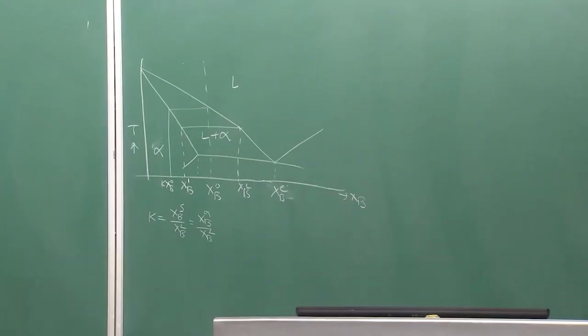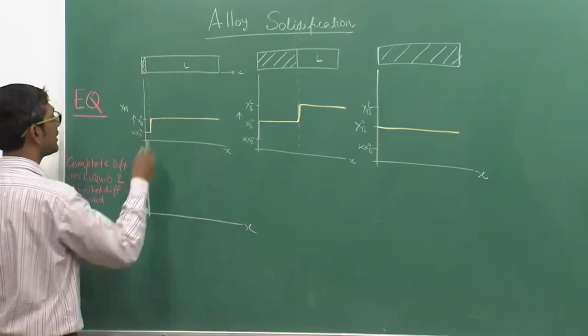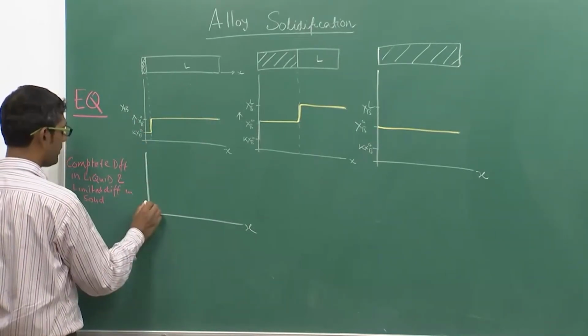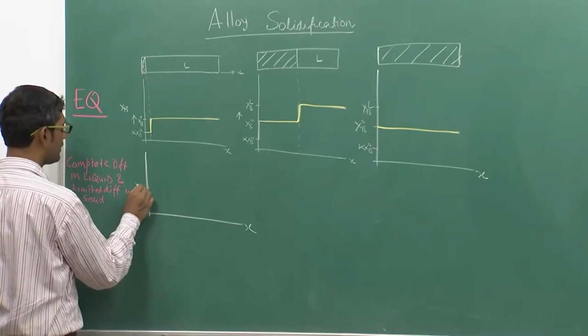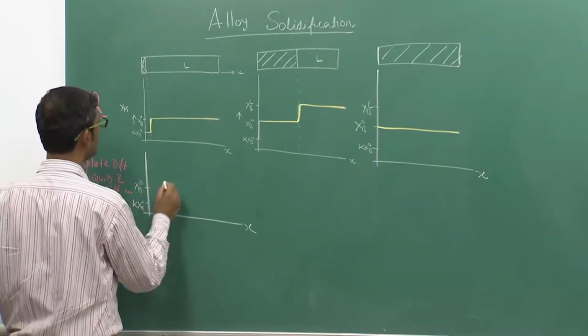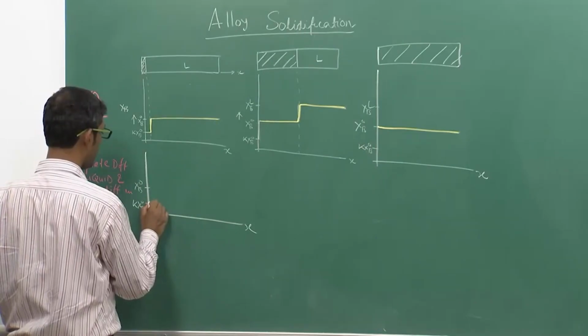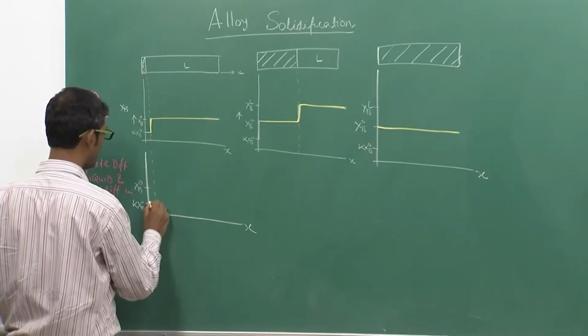Obviously, the beginning of solidification will be the same as the equilibrium. So, remember this is KXP0, this is XP0, okay. That means this will be almost similar, it will not change much. This is my interface.